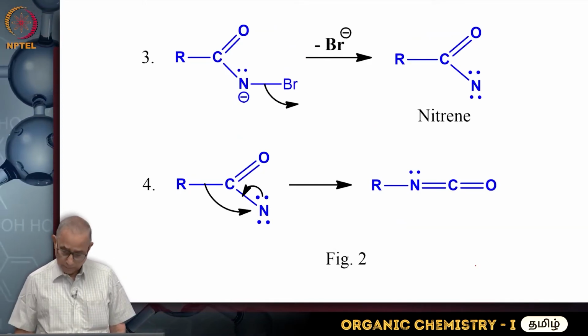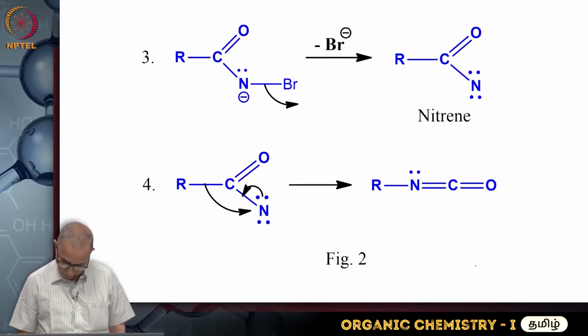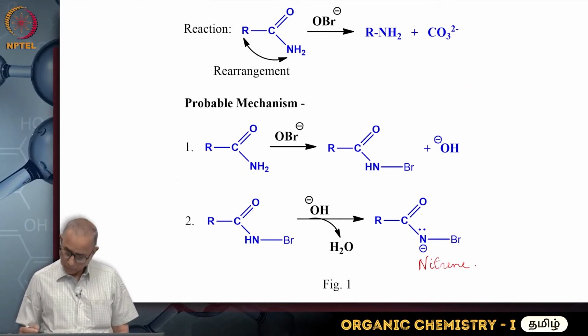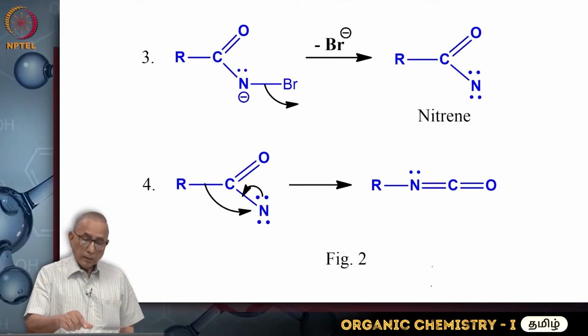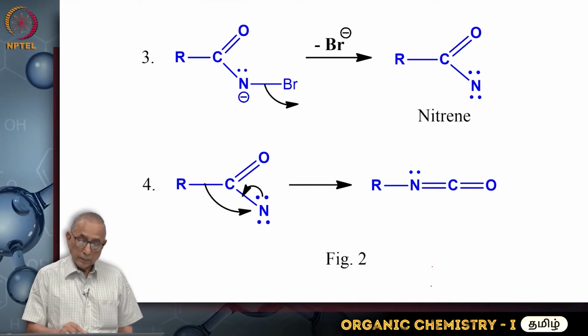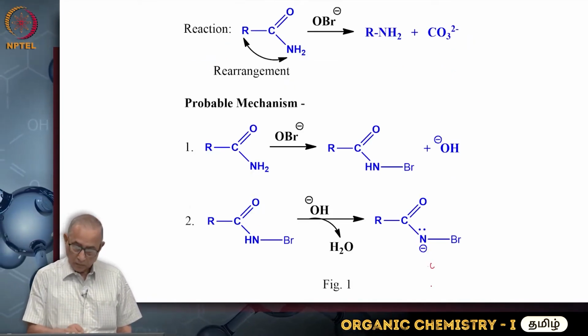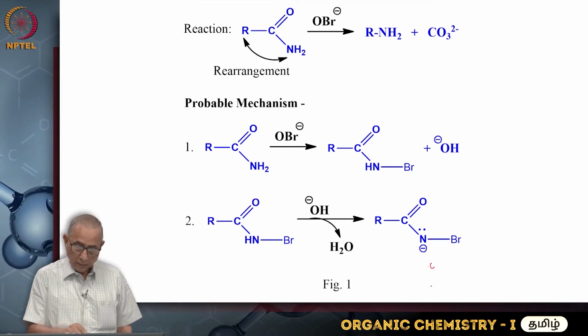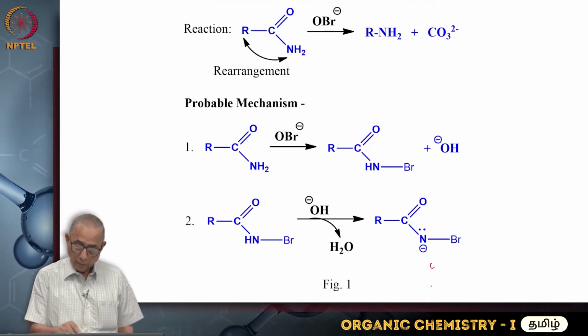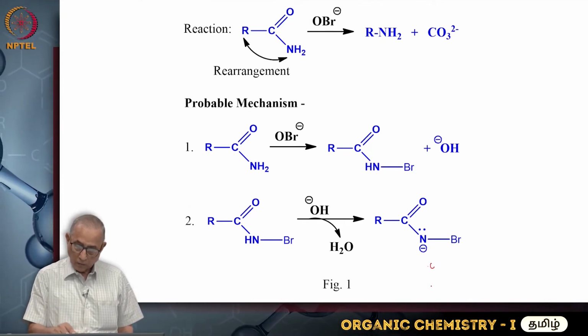This is nitrene. So in the N-bromo compound, this is prior to the nitrene. This is the negative anion, formed when this hydrogen is abstracted by OH minus to form water.